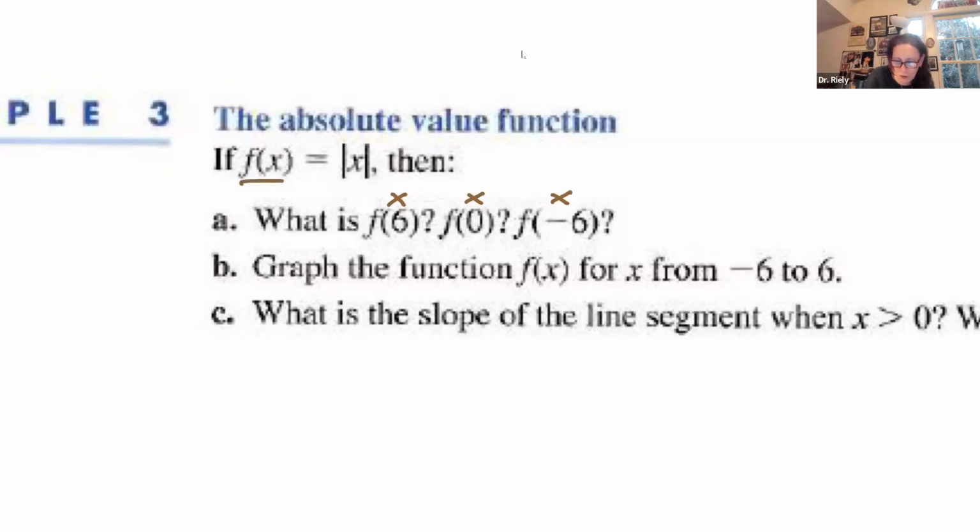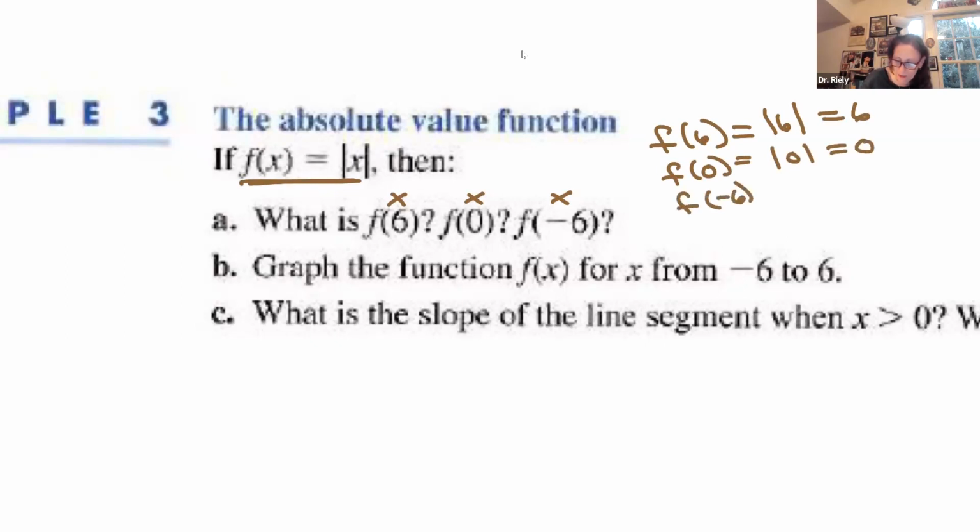So if this is your function, and I say evaluate that where f is 6, I would say, okay, f of 6 equals the absolute value of 6, which is 6. If I'm going to evaluate it at 0, that equals the absolute value of 0, which is just 0. And then lastly, if I want to evaluate it at negative 6, that equals the absolute value of negative 6, which is 6.